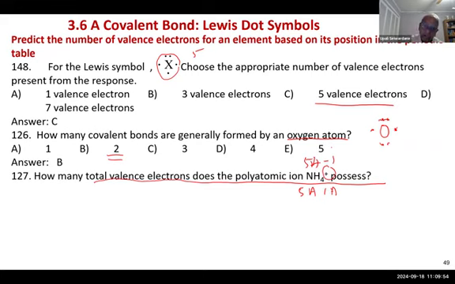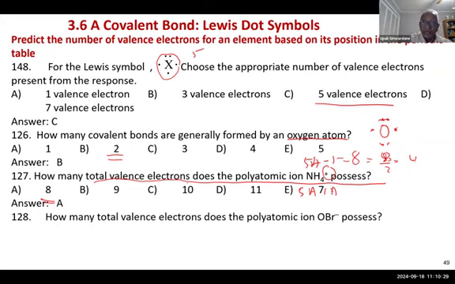Why? A positive charge means losing an electron. Therefore, the total number of electrons is 8. 8 divided by 2 is 4, so 4 electron pairs or 8 electrons. Total valence electrons of 8 is the correct answer.